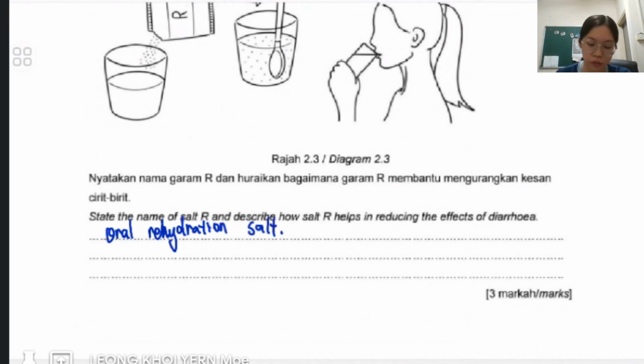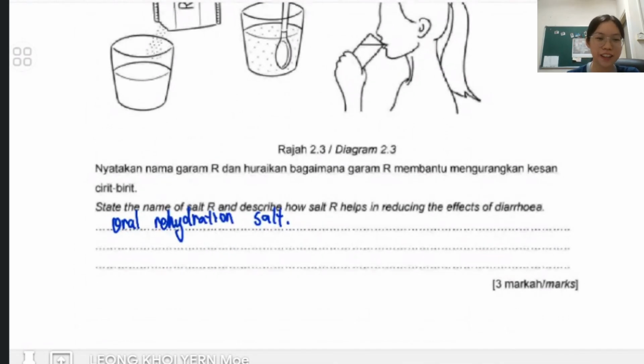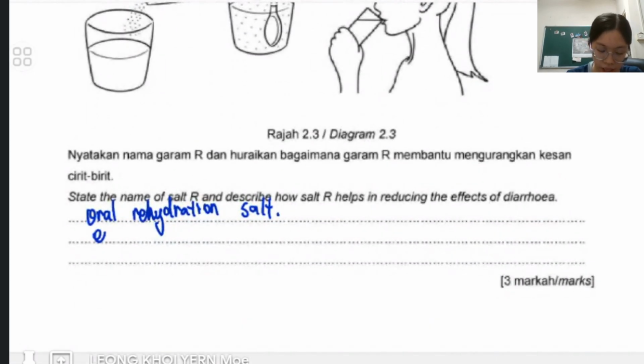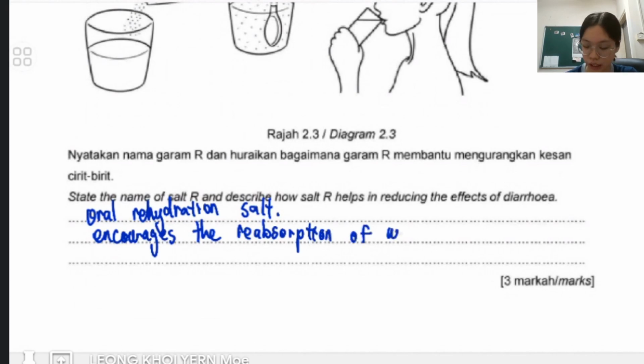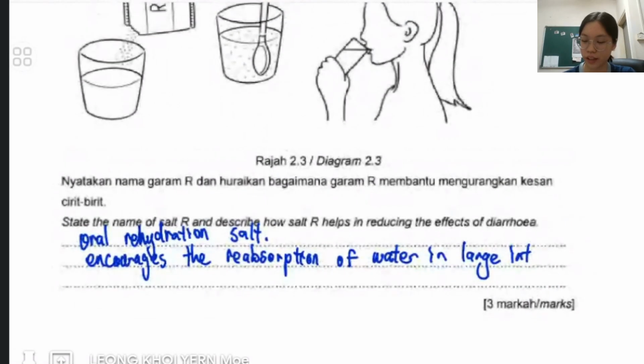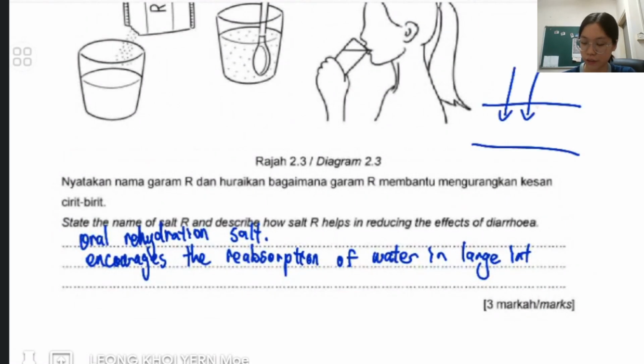So what is the use of oral rehydration salt? Why can't we just use other things? Most importantly, the point you have to write is to recover the loss of water and electrolytes. Most of the water in the large intestine diffuses out, so your stool is extremely watery because the water has diffused out already.